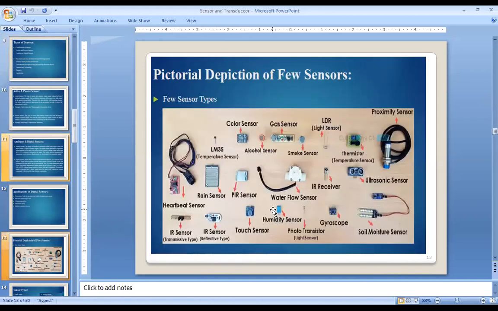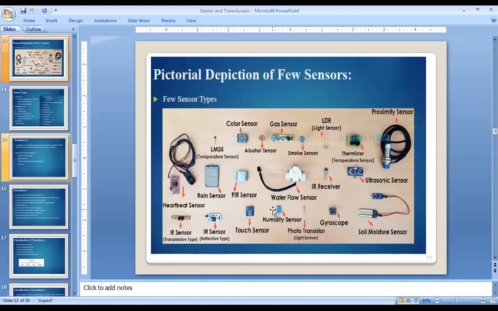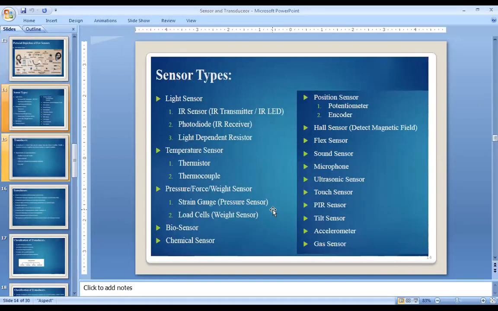Okay, so now based on the application of sensors, they are classified as light sensors. In light sensors you use IR sensor or IR LED, photodiode, that means IR receiver, and light dependent resistor.